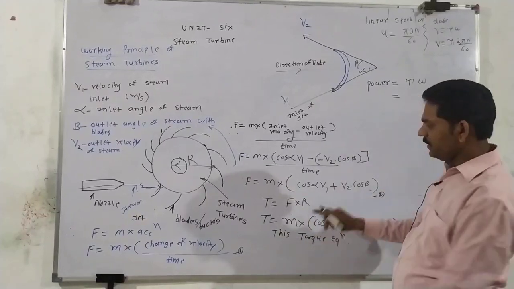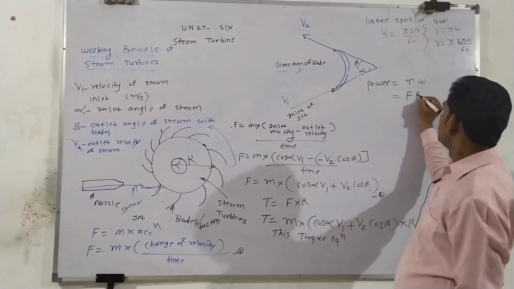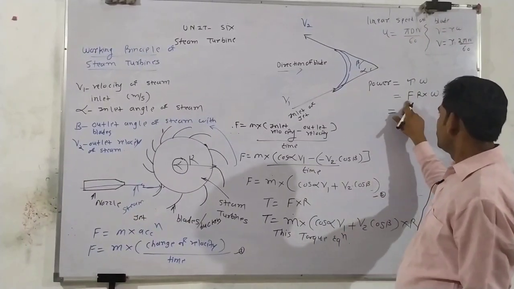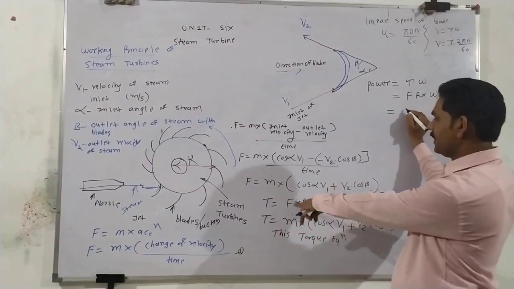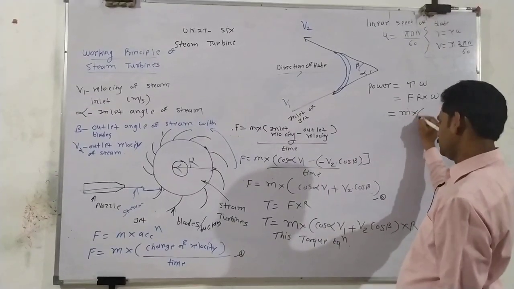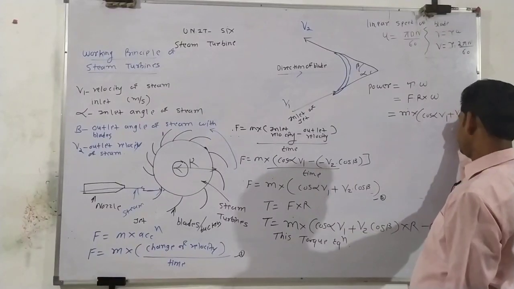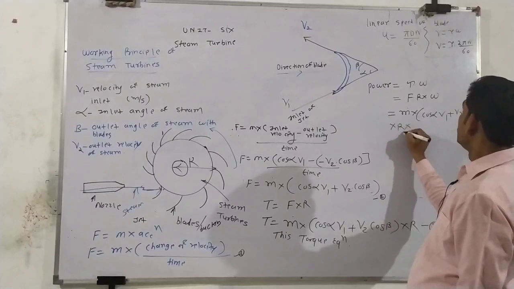So put here F into R into omega. What is the formula for F? This one. Or you can directly put this equation here, no problem: m dot into cos alpha V1 plus V2 cos beta into R into omega.